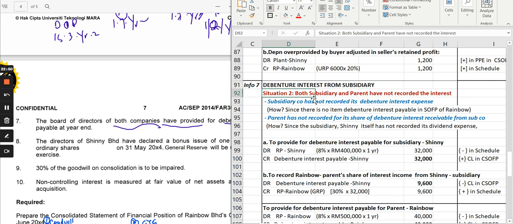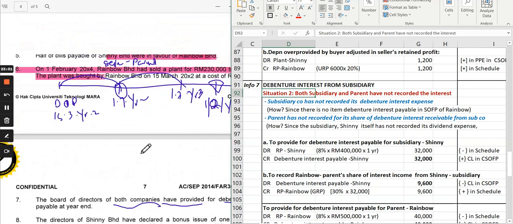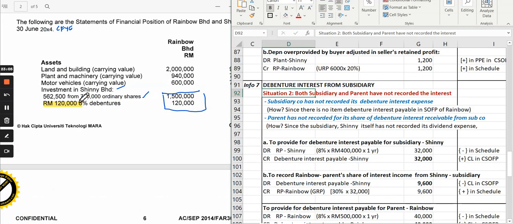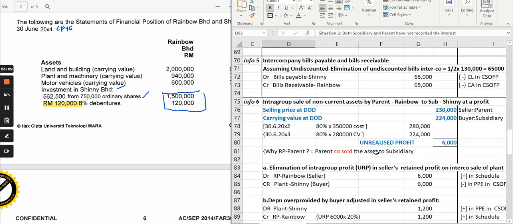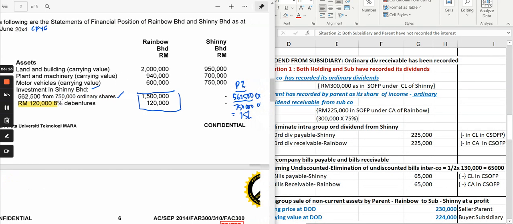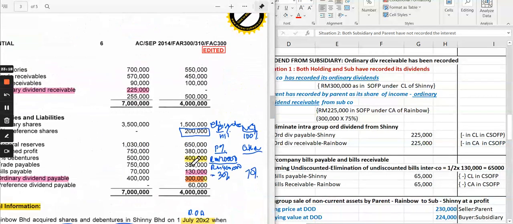Debenture interest will be an income to the parent whenever the subsidiary has proposed the debenture interest, if the parent acquired the debenture. In our case, yes, the parent acquired the debenture, and we earlier calculated the percentage. If I'm not mistaken, it was 30%. Yes, it is 30%, right?